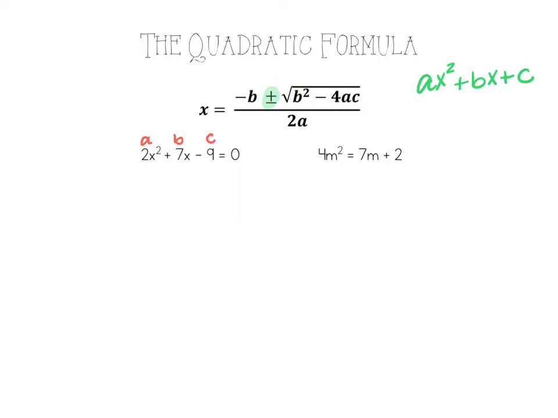So now what I can do is I can plug these numbers into the quadratic formula. So x equals negative b. Well, my b is positive 7. That negative just means opposite. So negative 7 plus or minus the square root of 7 squared minus 4 times a times c, all over 2 times a.